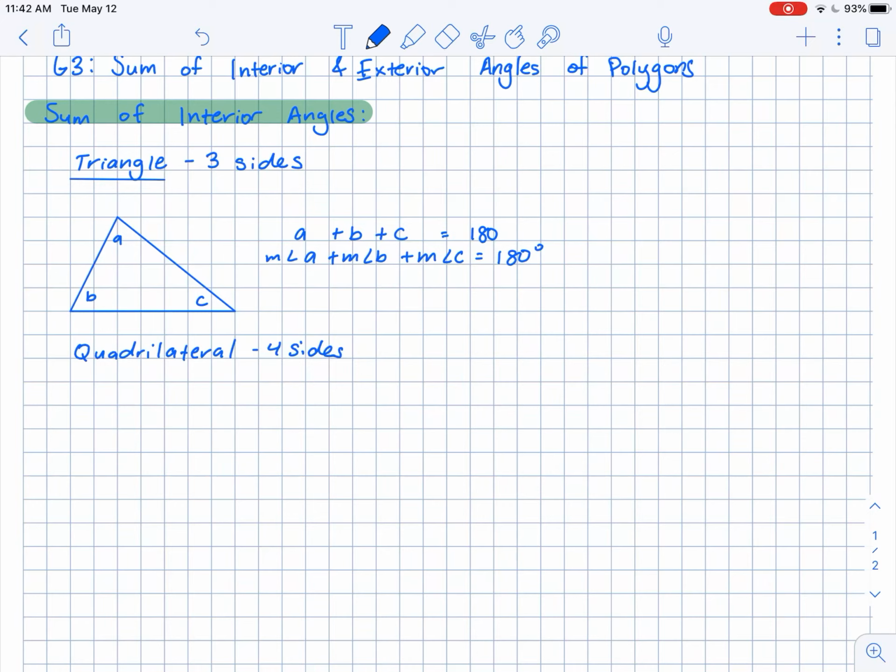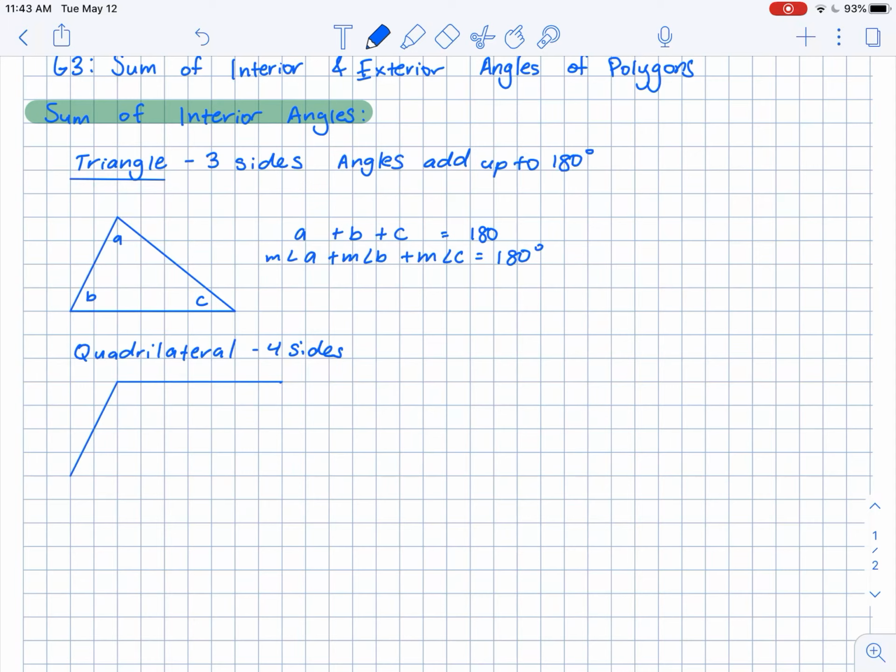We said three sides, angles add up to 180 degrees. Okay. So, quadrilateral, four sides. We could do any shape for the quadrilateral.